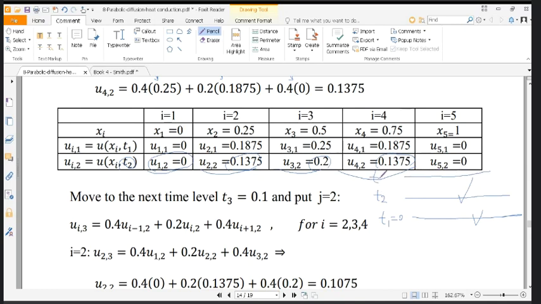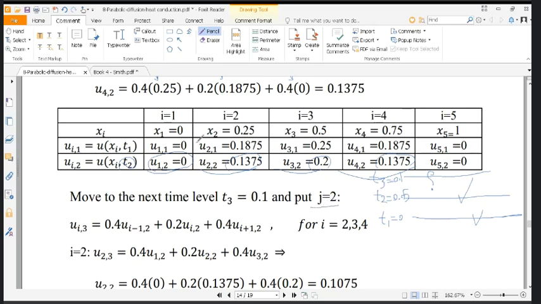We are going to T3, and T3 is 0.1 because the step size is 0.05. At this time we do not have the value of u for T3, and we should use the explicit formula for computing the value of u at T3, and then we should put j equal to 2.